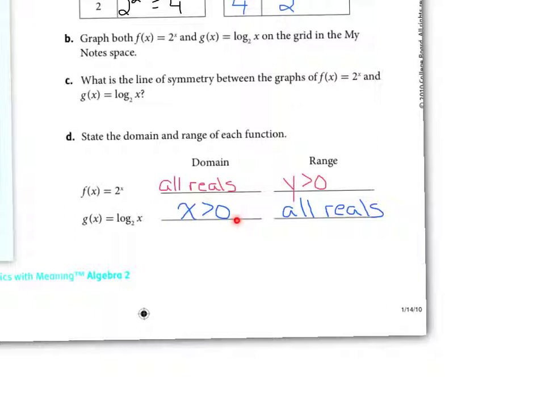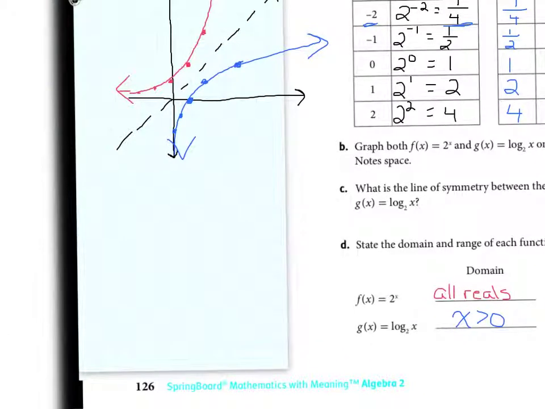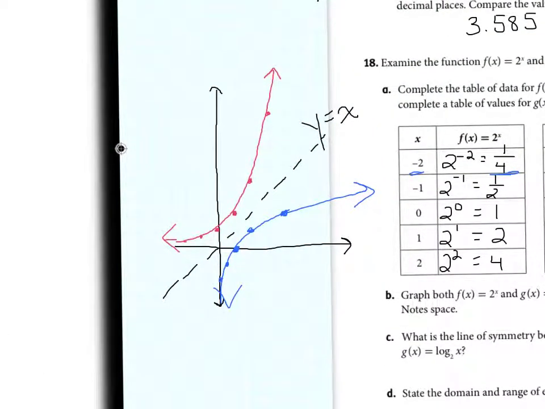Now, notice these boundaries. Those are because we have asymptotes. So let's look back at the graph. On the exponential, we have this horizontal asymptote. The horizontal asymptote is the line y equals 0. It's a boundary line. Now on the logarithmic, we have a vertical asymptote, x equals 0.